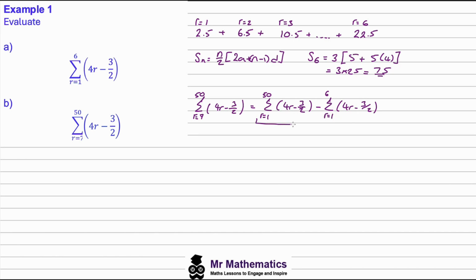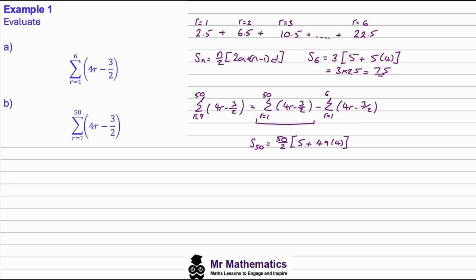So for the terms between 1 to 50, we know that n is 50. This will be 50 divided by 2, again using this standard formula, multiplied by 2a, which is again 5, plus n minus 1, and the common difference is still 4.